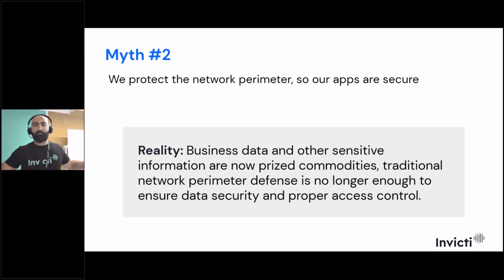So all this architecture is now a prized commodity for cyber criminals. So now they have started to focus more on attacking web applications, to compromise data, for data breaches.